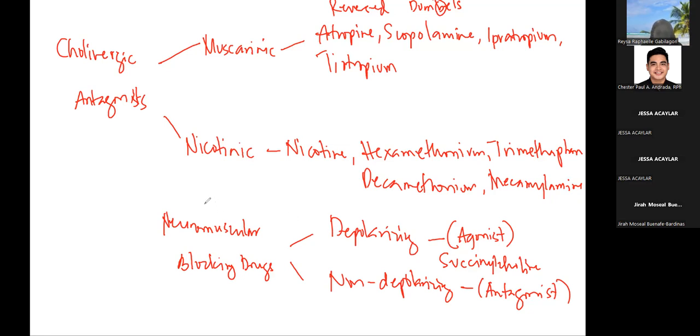But before that, if it is the reverse, where the poisoning or the toxicity is because of a cholinergic agonist, let us just use our cholinergic agonists as antidote.